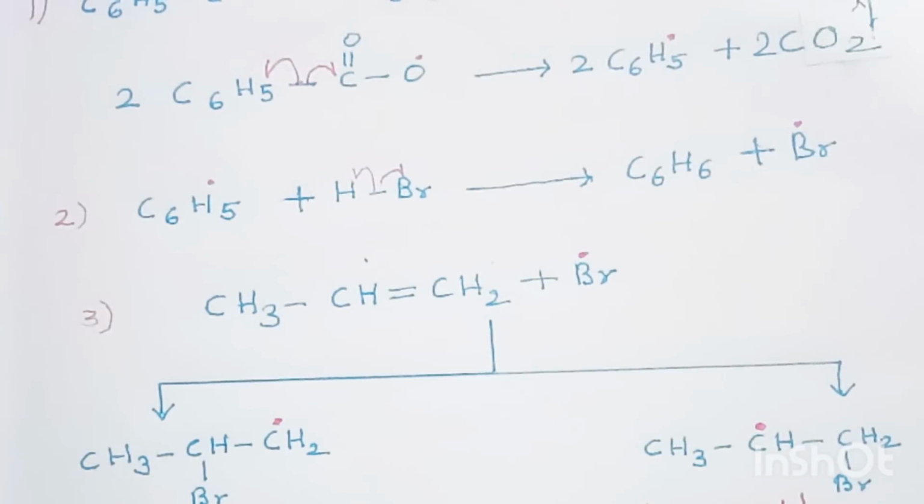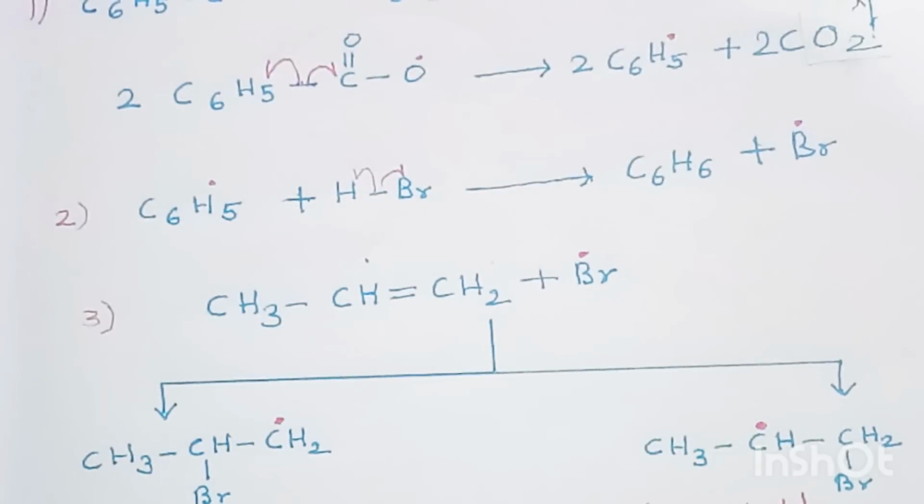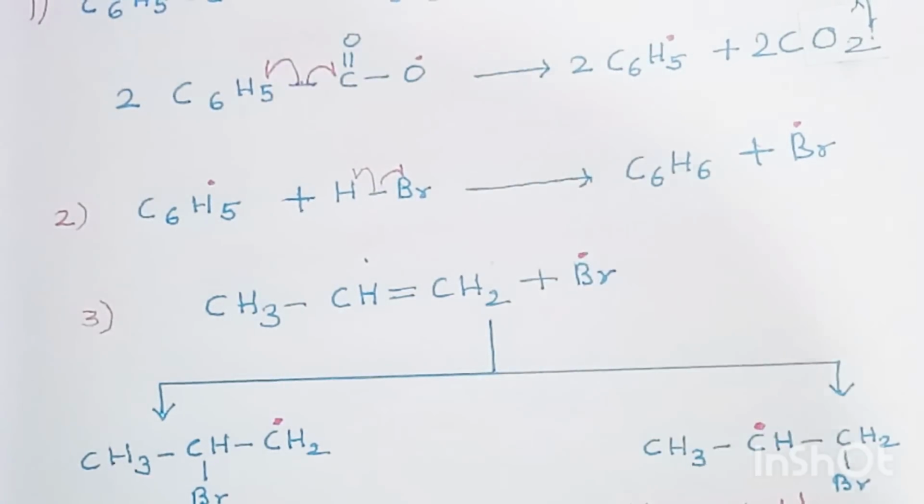This is 1-bromopropane because bromine is added to the first carbon atom. This is the major product. This is the secondary free radical, so this is more stable, getting attached to hydrogen. So we get 1-bromopropane as the major product.